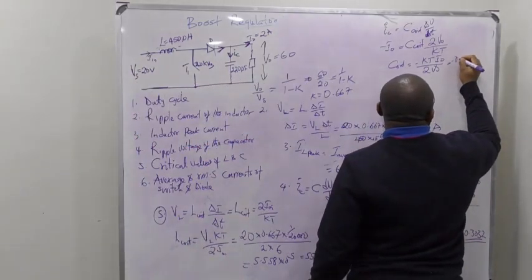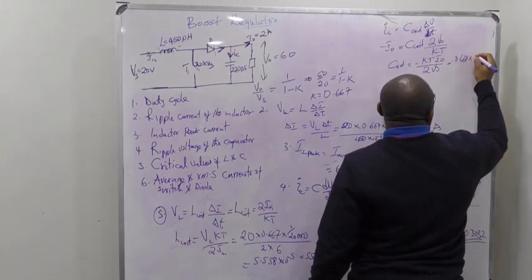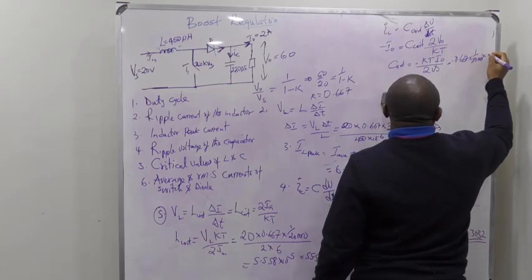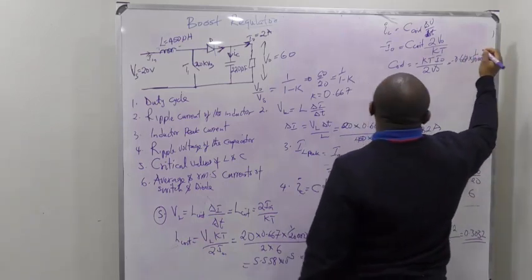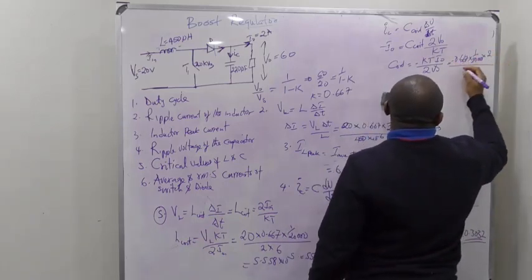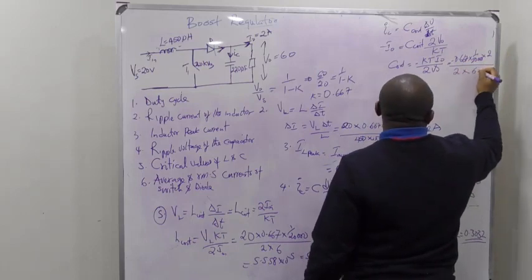Minus down is 0.667 times 1 over 20,000 times IO is 2 divided by 2 by VO, 60.